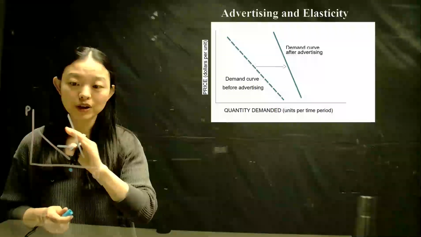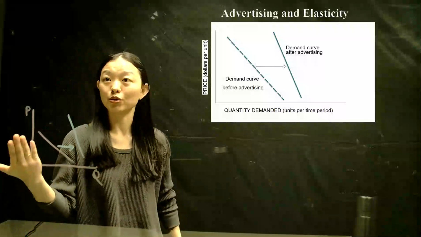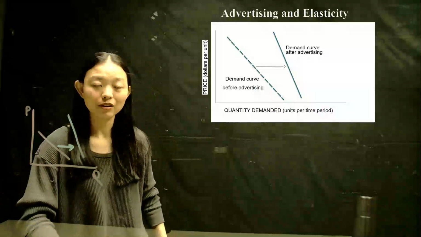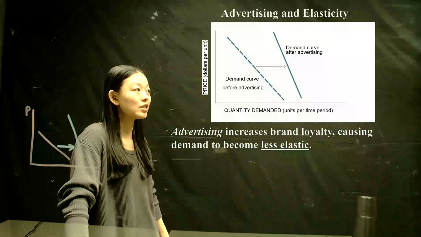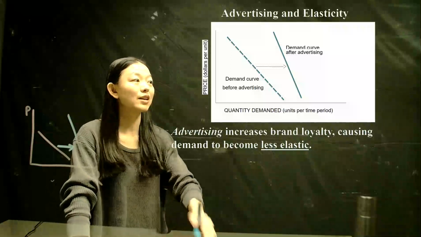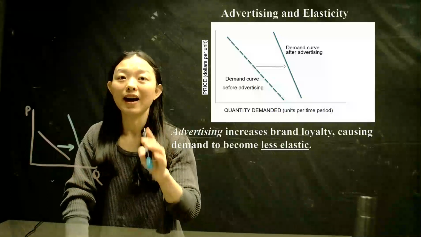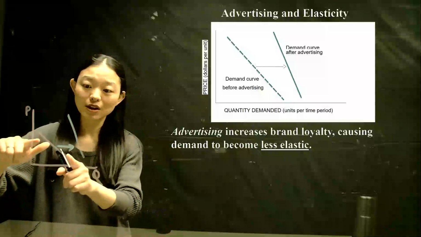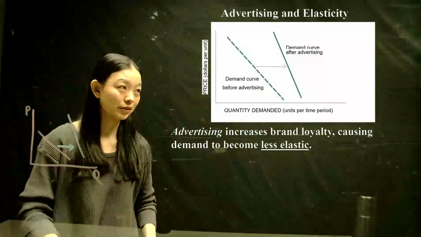The slope becomes steeper because consumers become less sensitive to price changes, having already built up brand loyalty from advertising. So we would like to say advertising will increase brand loyalty and cause demand to become less elastic. So not only will the demand curve shift to the right-hand side, it will also become steeper.